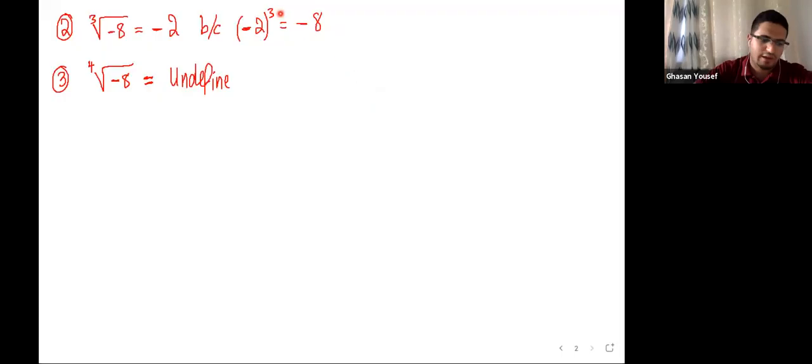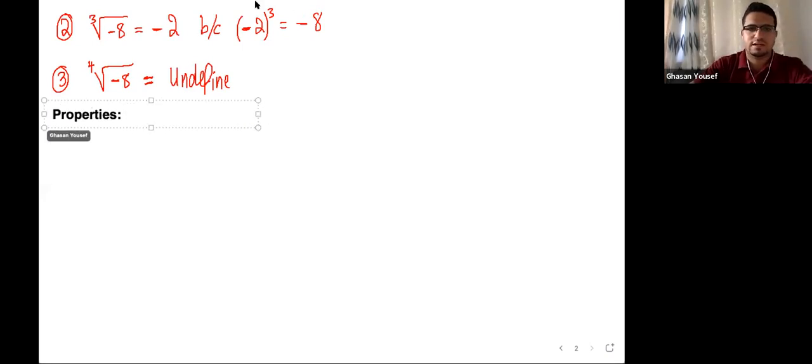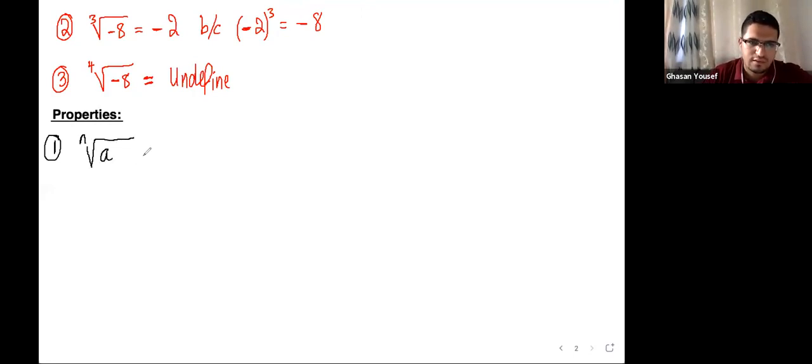So now we have some properties for the radicals. First property, number one: the nth root of A times B, I can split into two radicals.